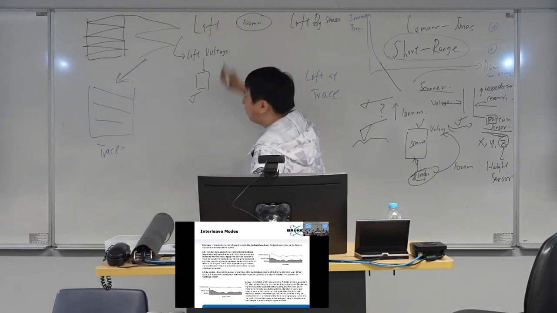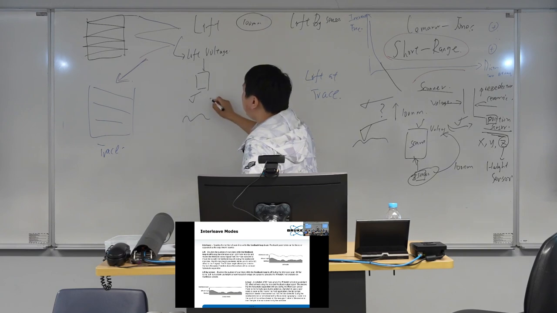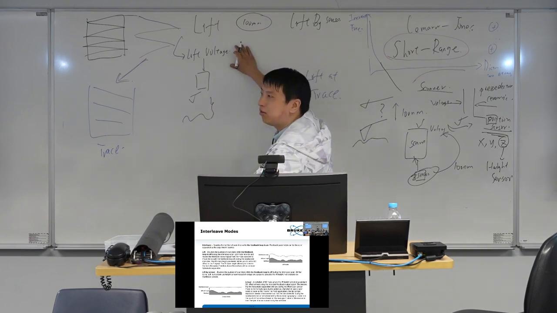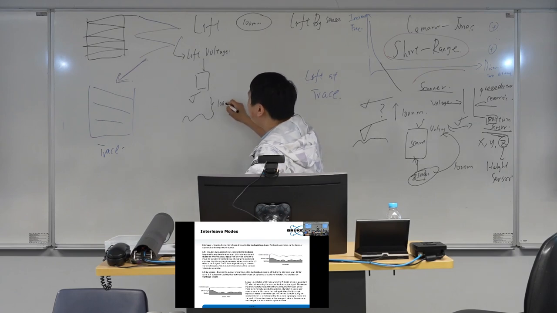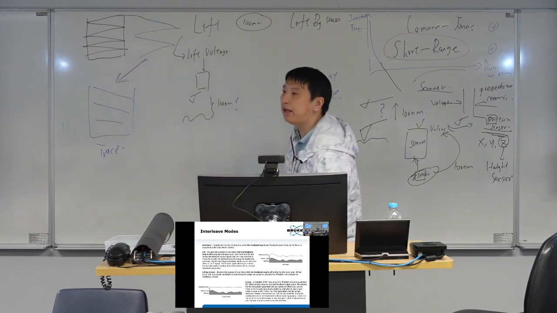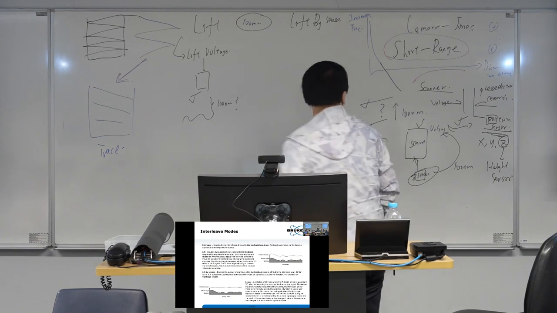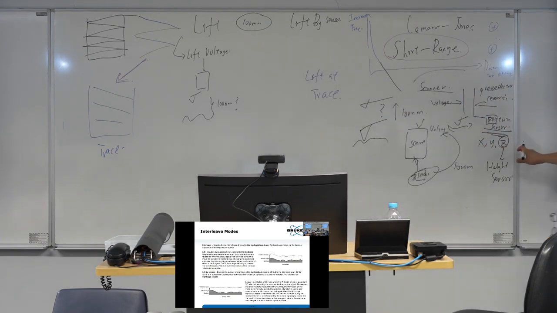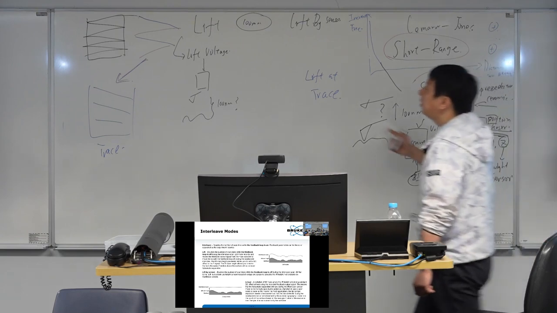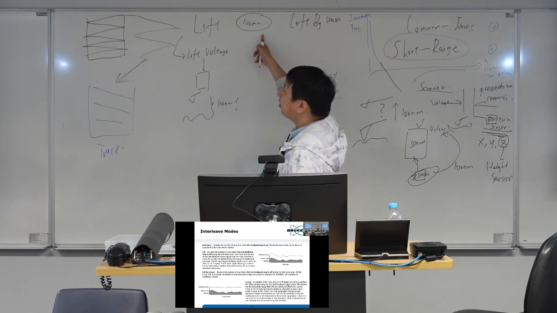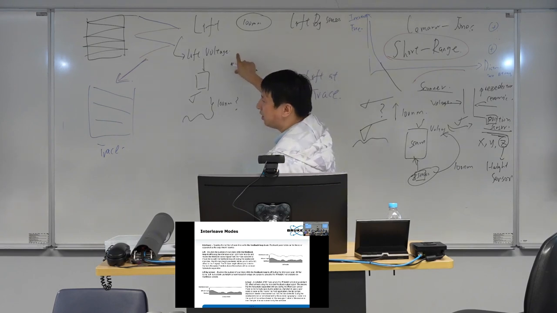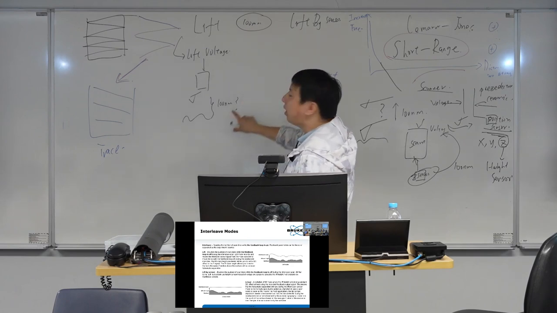The scanner shrinks, the tip is away from the surface. If this calculation is correct, this distance should be 100 nanometers, right? But we know about the piezo effect. The piezo effect is non-linear. So that means this 100 nanometers calculated into the lift voltage does not guarantee we lift 100 nanometers.